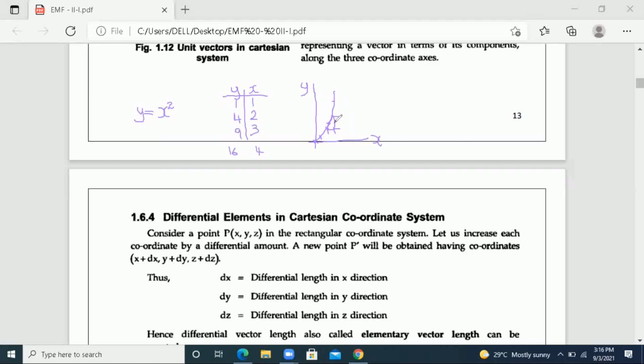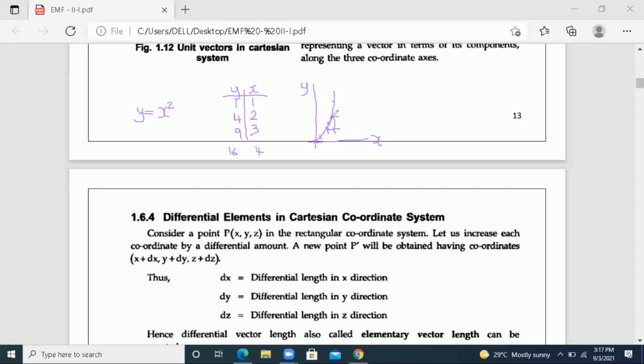Tell me if you agree or you lost. To go from here to here, you make a small change in y.